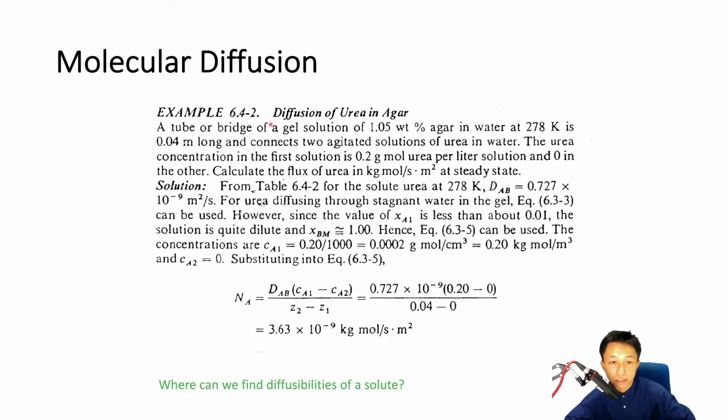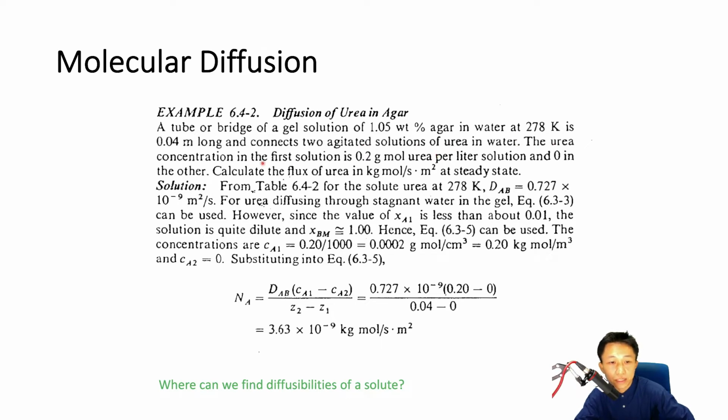Agar is a gel tube. It's like a long tube of gel solution, which is 1.05 weight percent agar in water at this Kelvin, this is 5 degrees Celsius for example. It is 4 centimeters long and connected to a solution of urea in water.